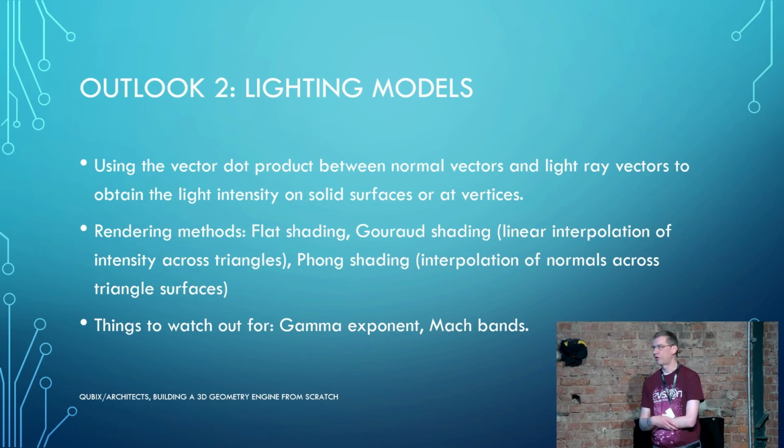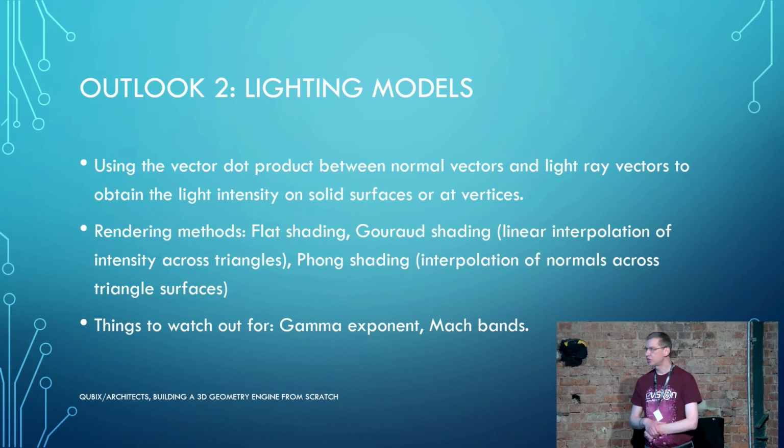So, for example, the vector dot product is used to calculate the light intensity on the surface of an object, and then different rendering methods exist that apply those different intensities on the surfaces. You can either render a surface in a single color. This is then called flat shading.